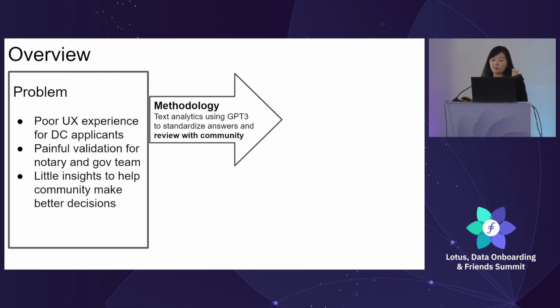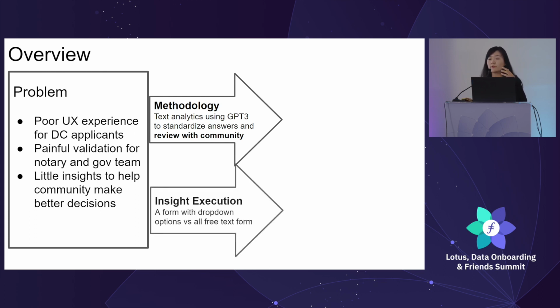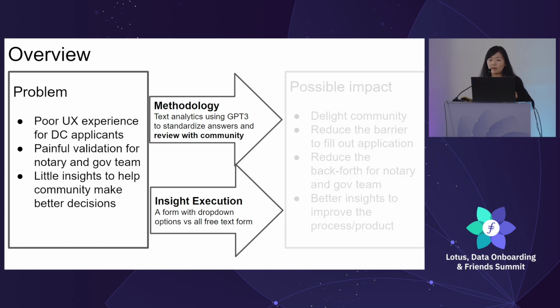So eventually we could provide simple drop-downs to our applicants, to really make it as simple as applying for a mortgage when you fill out the application. And the interesting part is that in Web3, we also need to review the information and the changes with the community, so eventually we want to utilize those insights to standardize answers.